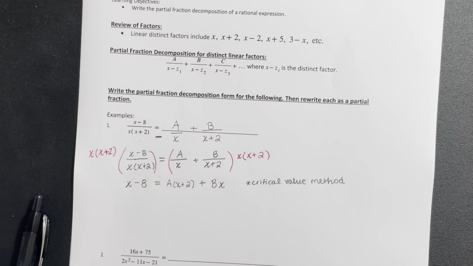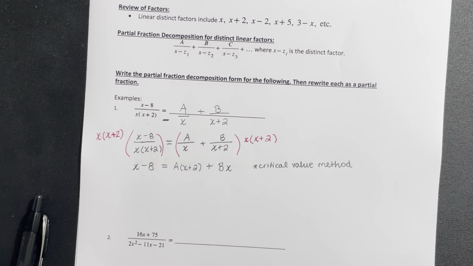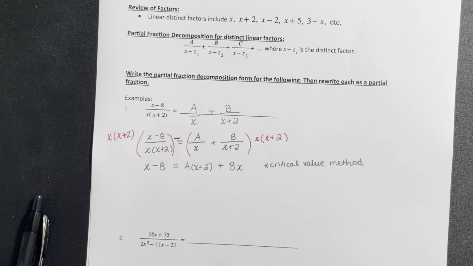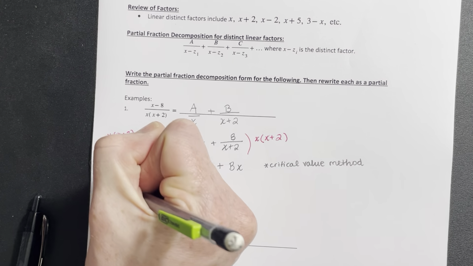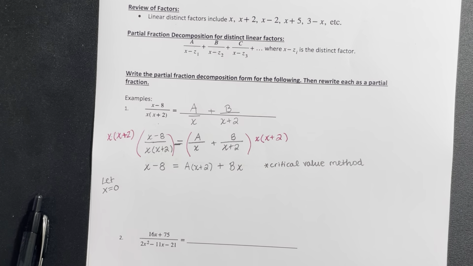So the critical value method lets x equal a specific number that will help us solve for a or b. Now you'll maybe see a reason why I'm going to choose a specific value of x. So I'm going to first let x equal 0.